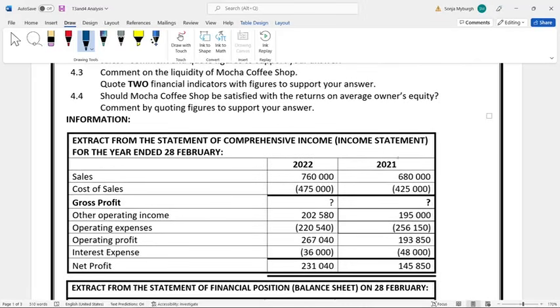Just always check what is the previous year and what is the current year. Previous year, current year. Comprehensive income: sales, cost of sales, they actually do give us the gross profit, just the difference between those two. Other operating income, operating expenses, profit, interest, net profit.